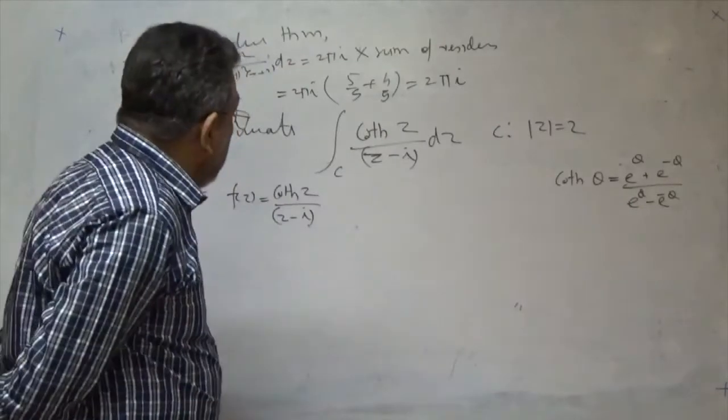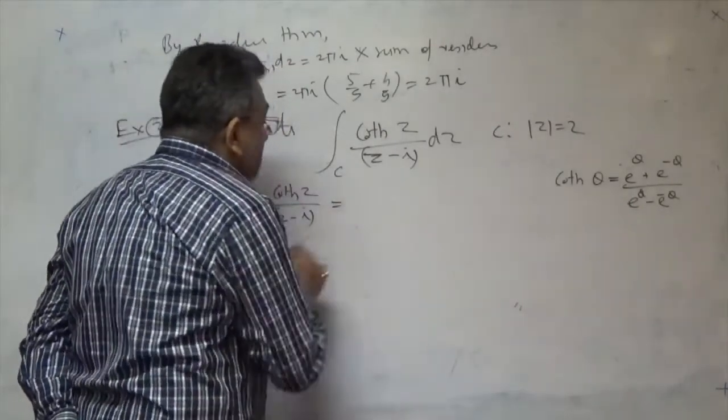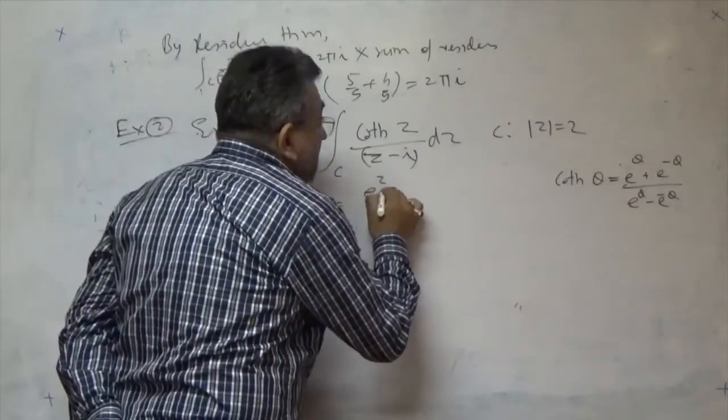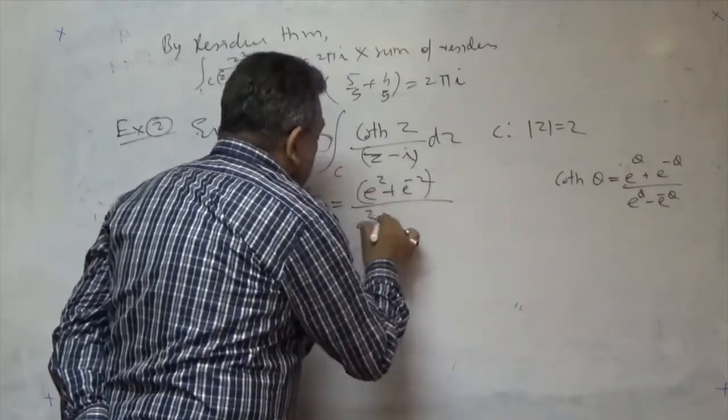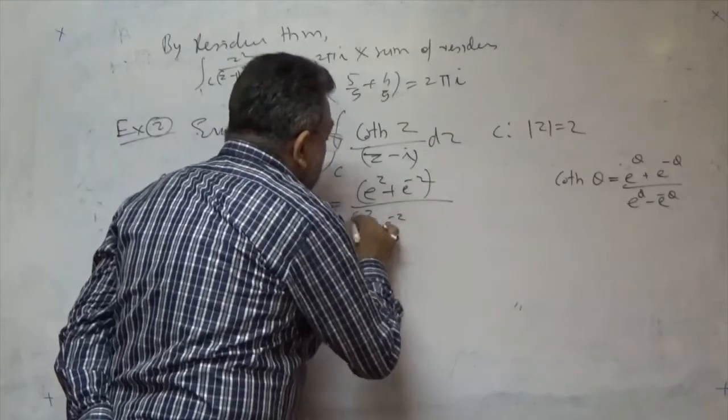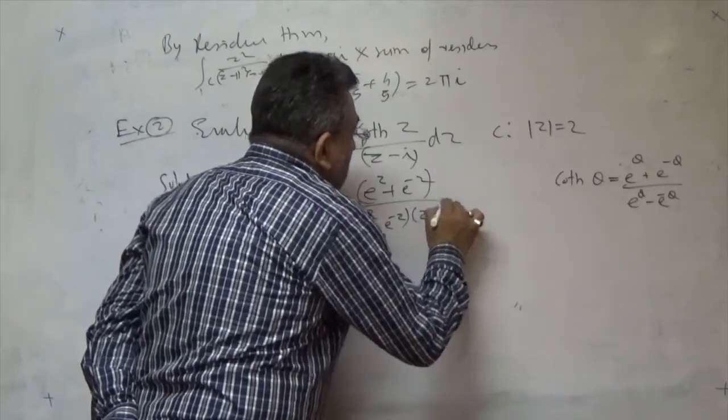So this is the formula. By this formula, we break it as e to power z plus e to power minus z upon e to power z minus e to power minus z, times z minus i.